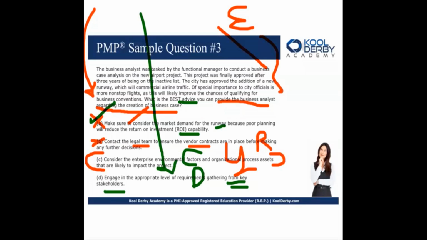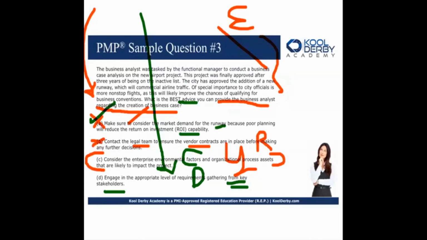On a level of 1 to 10, this question is probably a 9 as far as difficulty. There's a lot of stuff going on. We've got the consider the demand because poor planning will reduce. You've got a lot of negative terms in there. That makes this question a little bit harder.